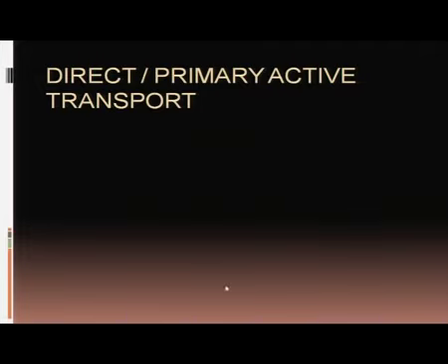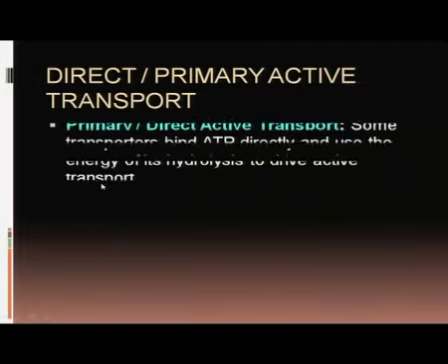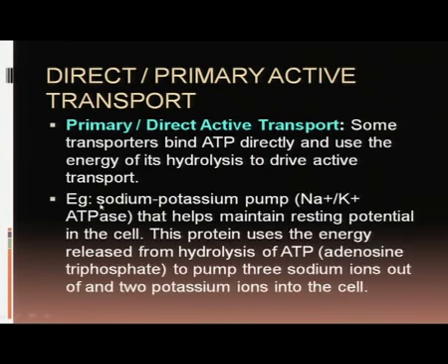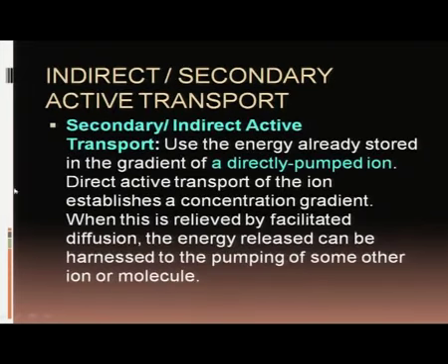Active transport can be of two types: direct or primary, or indirect or secondary. When the ATP is used directly, it is known as direct or primary active transport. For example, in the sodium potassium pump, the energy is used directly and it is obtained from the hydrolysis of ATP. In indirect or secondary active transport, the energy of an already stored gradient is used for transport of another material.